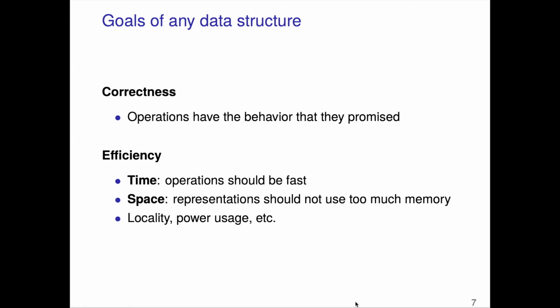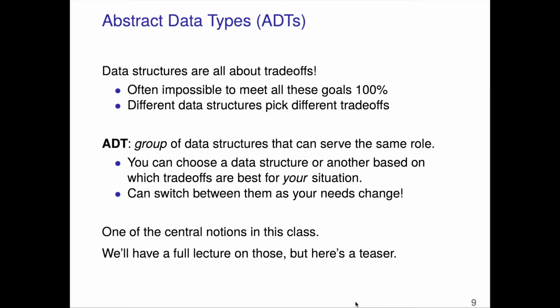The goals of a data structure are that your operations have to perform a desired task, and efficiency is also important, like their runtime. ADT means abstract data types, and ADTs always have trade-offs. We can discuss the trade-offs later in the second review.